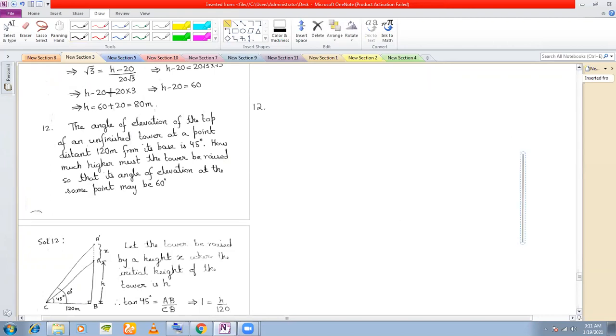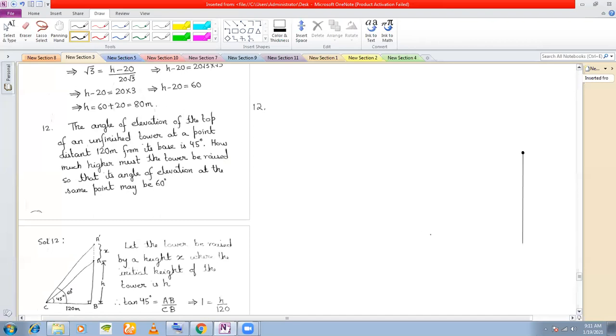The angle of elevation of the top of an unfinished tower. So here I have the top of the tower, at a point distant 120 meter. Now, what do you mean by angle of elevation?